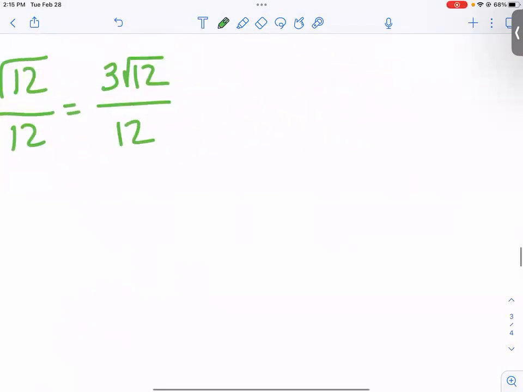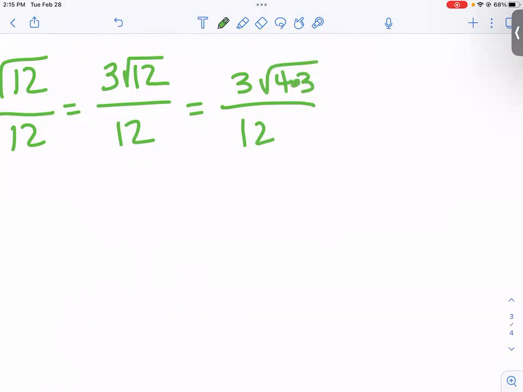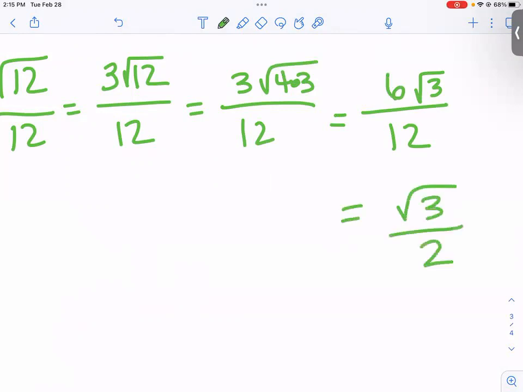I know that radical 12 is 4 times 3, and so I know that the square root of 4 is 2. What's 3 times 2? So now 6 over 12 can be reduced to 1 over 2.